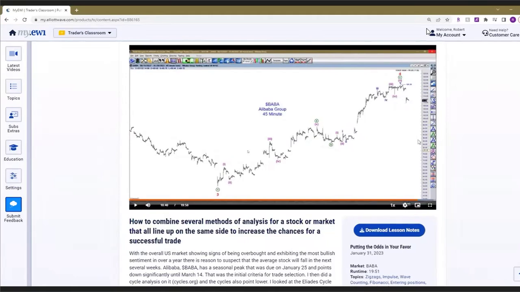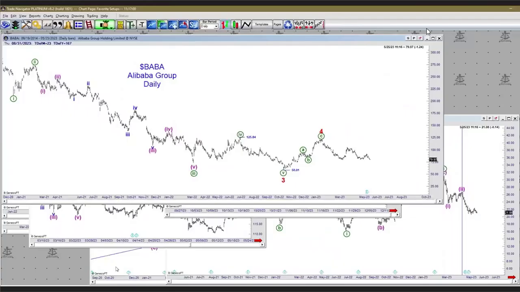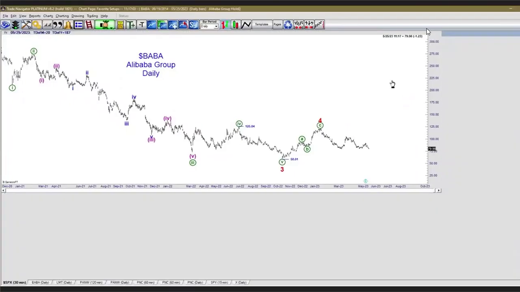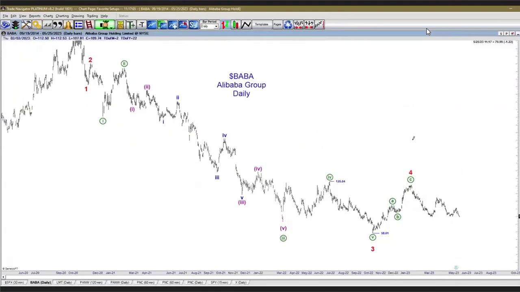So I was looking for a fifth wave down. All right, so let's go to chart. So January 31st was right here. And actually I recorded it the night before on the 30th. So that's the data I had basically right there.